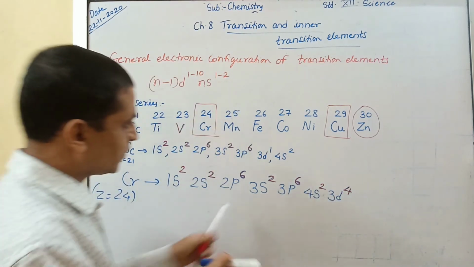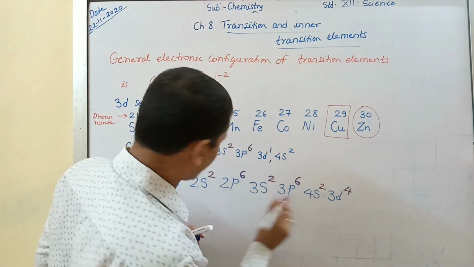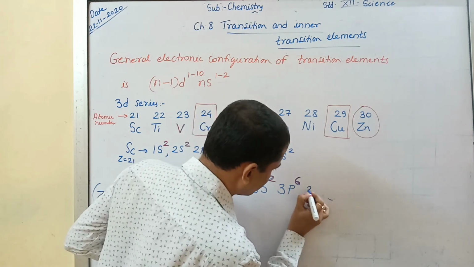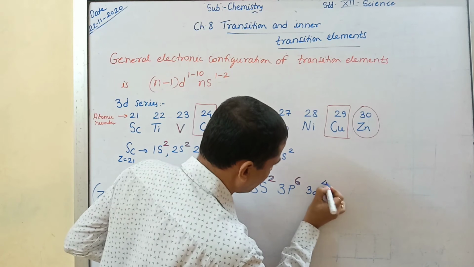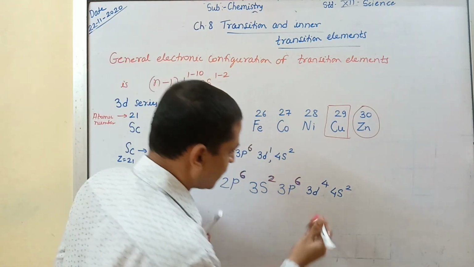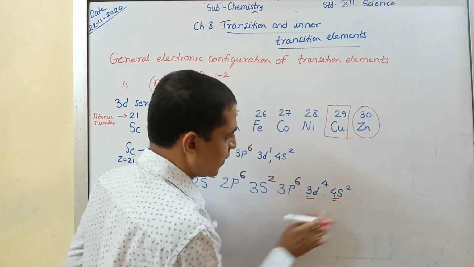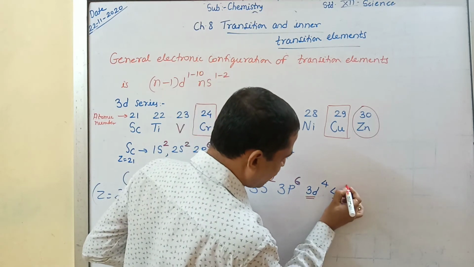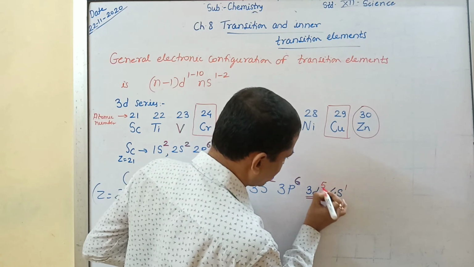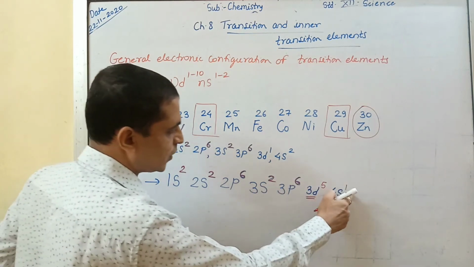Now see here, it is the order of filling electrons in the particular subshell, but in order to write the electronic configuration, you must change this. You must write 3d4 and 4s2. But here the energy difference between 3d and 4s is very small, and therefore one of the electrons shifts from 4s to the 3d subshell, and it becomes 3d5. Count the numbers: 2, 2, 4, 10, 12, 18, 23 and 24.